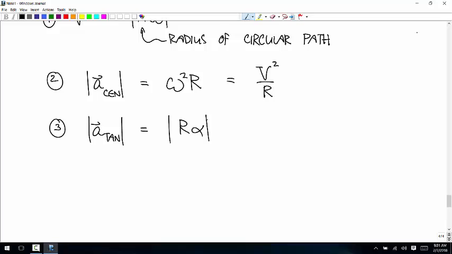So say that you know the signs of omega and alpha and theta or whatever. Do we have enough information to figure out the full vectors of the acceleration and the velocity? Because notice these equations only give us magnitudes. Can we figure out what the full vectors are?